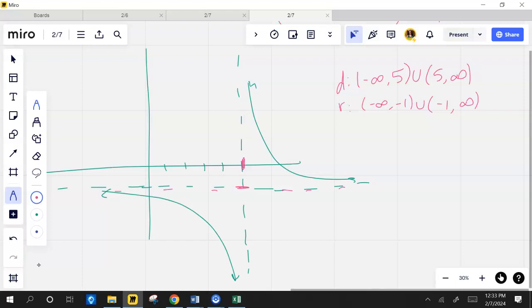X-intercepts, again, you could use the calculator to find it, second trace, and use that to find your 0, or you could plug in a 0 for y, and solve it from there.